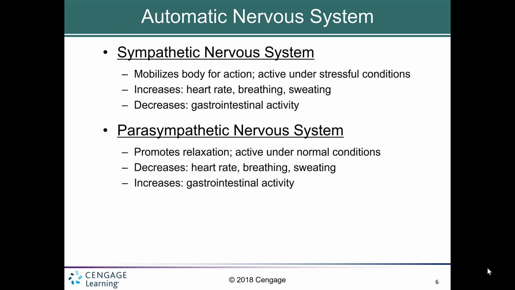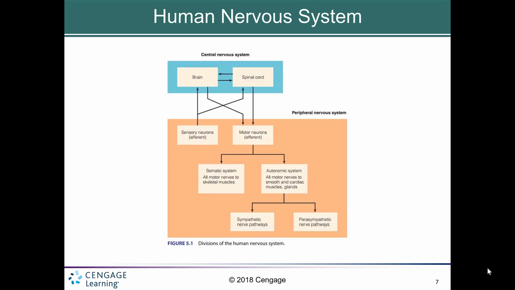The autonomic nervous system, or ANS, serves internal organs. The ANS is also divided into two parts: the sympathetic nervous system and the parasympathetic nervous system. These two divisions differ anatomically as well as functionally.